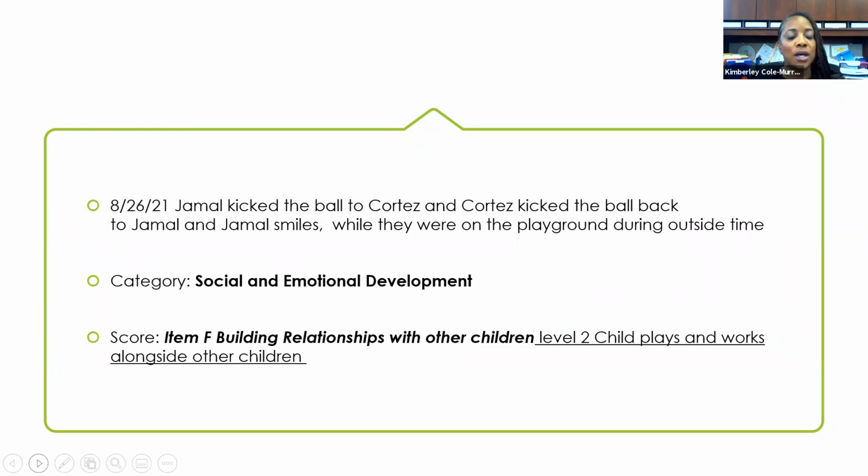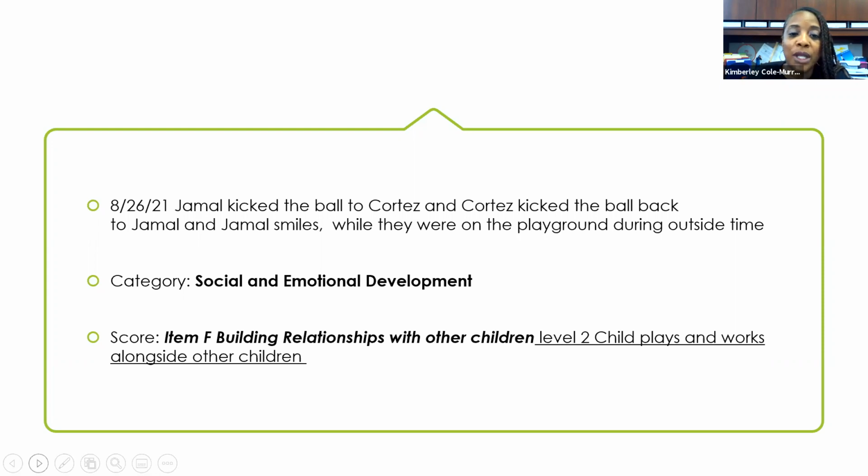Our final example was Jamal and Cortez out on the playground, kicking the ball back and forth towards one another. And during this back and forth kicking, Jamal smiles at some point. So this category is social and emotional development. That's where I chose to place it.